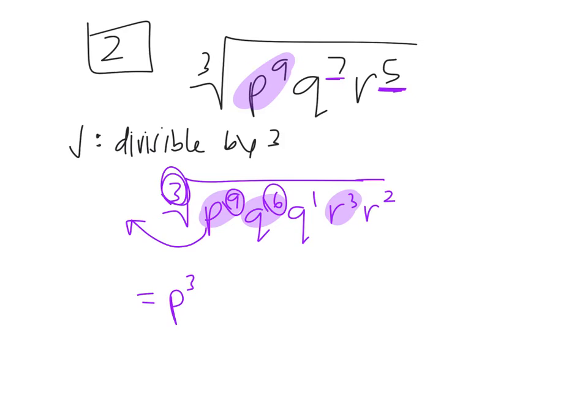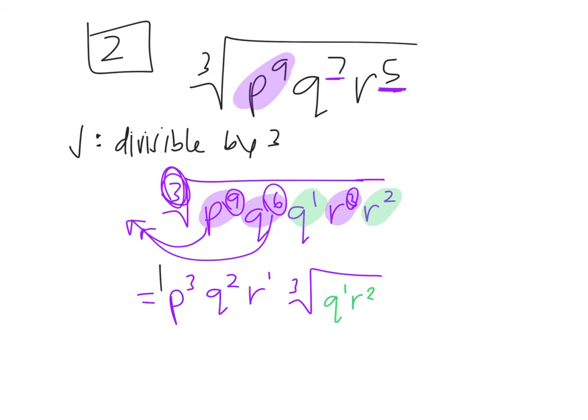Q to the 6th divided by 3 will give you 2, so q squared. Can't do anything with that q. I've got r to the 3rd, so 3 divided by 3 will give me r to the 1st power. And then I will be left over with my q and r squared. So q times r squared. And that's your final answer.